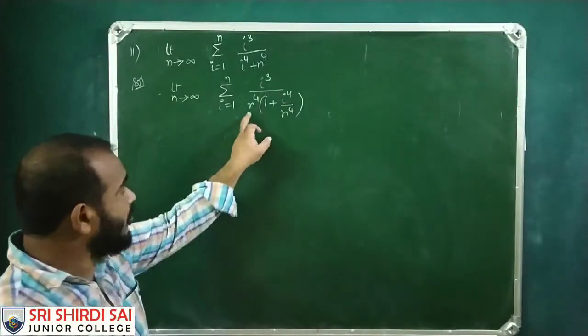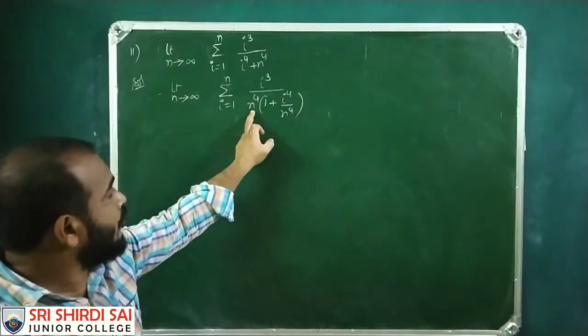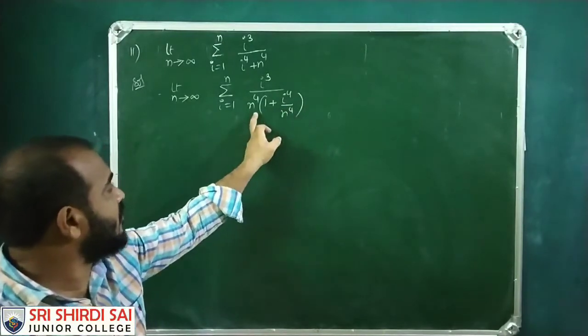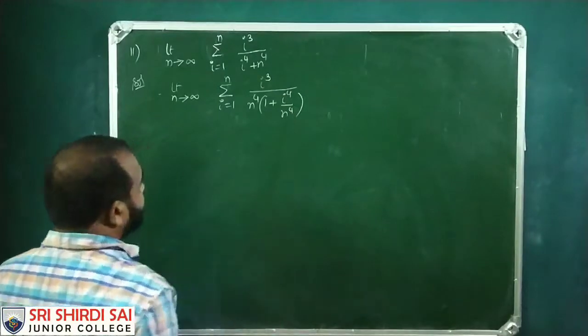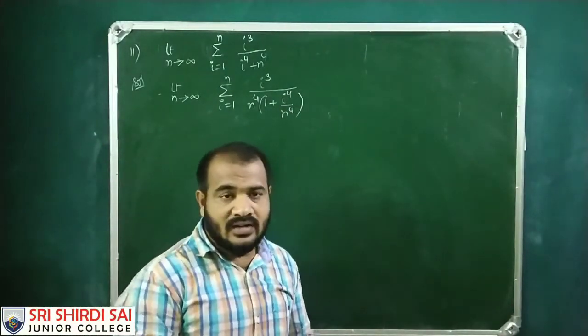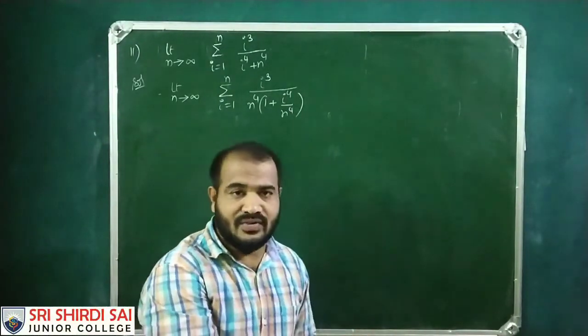If you multiply n power 4 into 1, n power 4, and n power 4 into i power 4 by n power 4, this gets cancelled, I am left with i power 4. Instead of r, here he has given i, that is the difference.